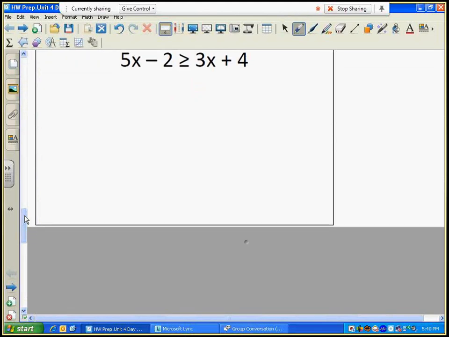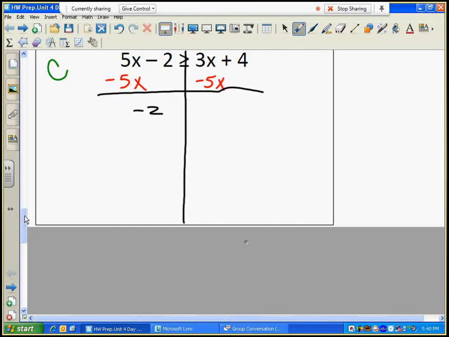Okay, so we still need to collect. Instead of subtracting 3x this time from both sides, let's say that I subtract 5x from both sides. Now, we all know that this shouldn't matter. But with the inequality in the middle, it might get a little sticky.